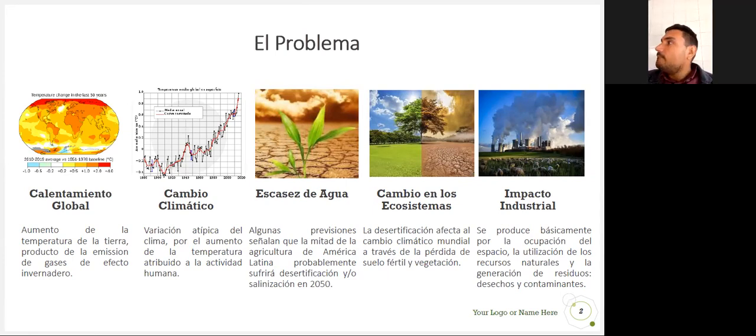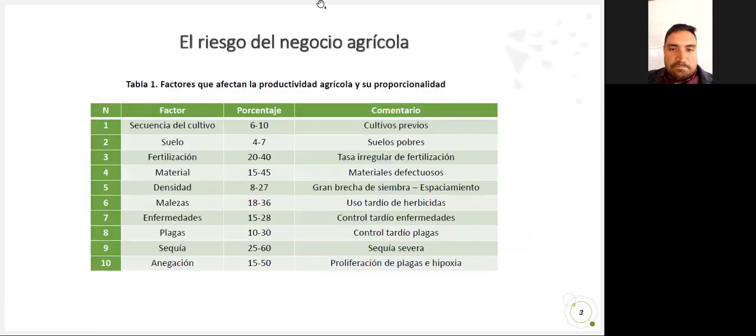The next, please. How can we translate this problem to agribusiness? Well, we can identify the problem in the crops and the proportion of this problem or this risk in the agribusiness.